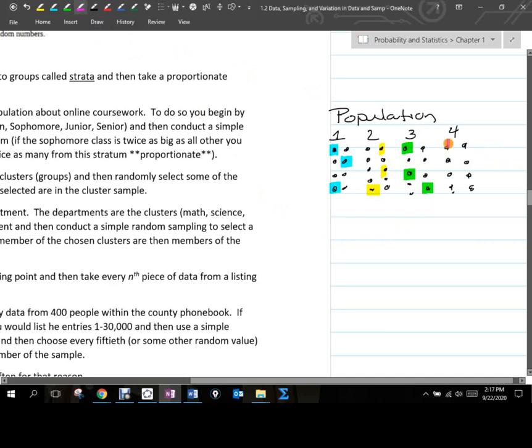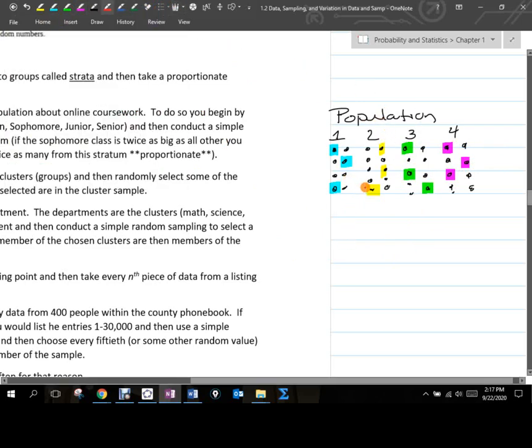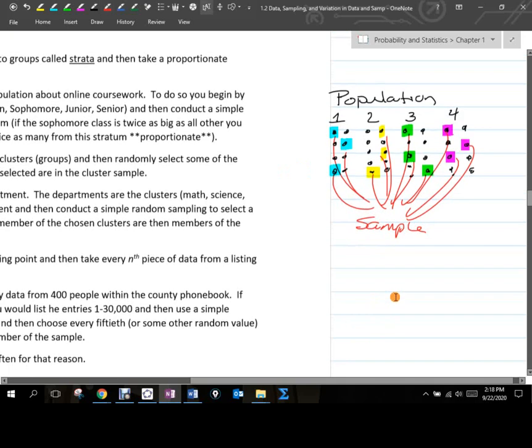And in group 4, it's those. So we simple random sample out of each stratum. Then those all come down, those 3 in each one of those groups, and they make my overall sample. Does that make sense? Okay, that's stratified.